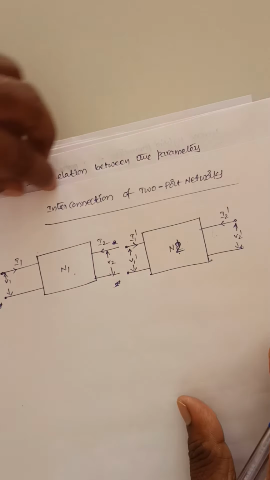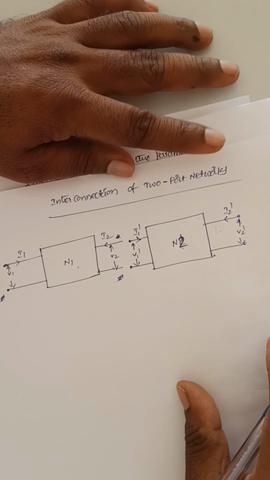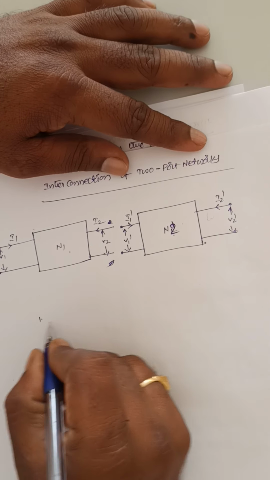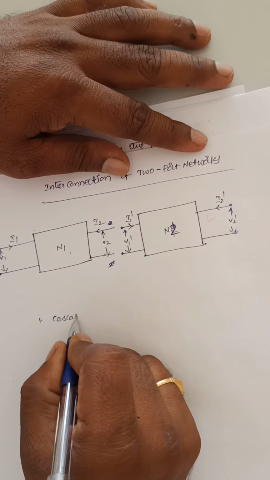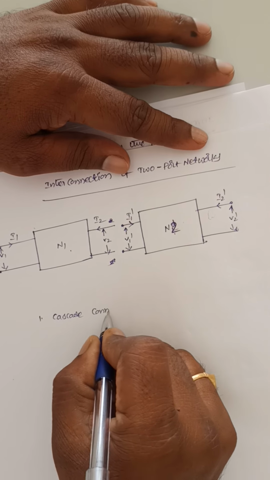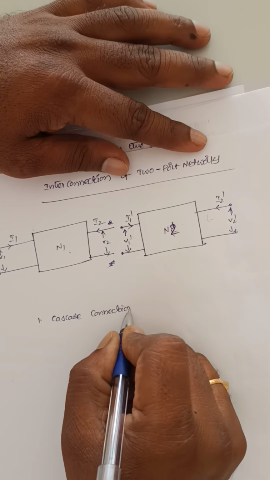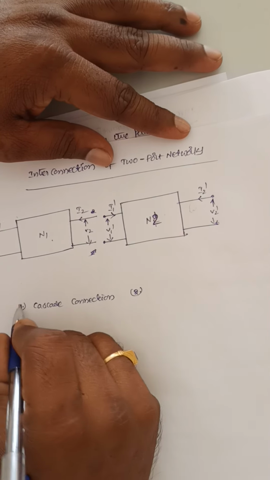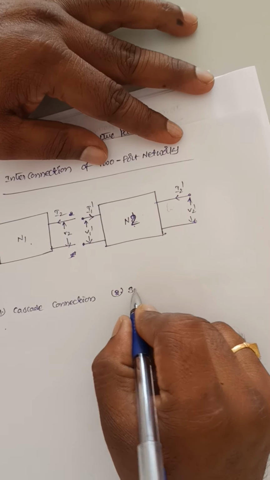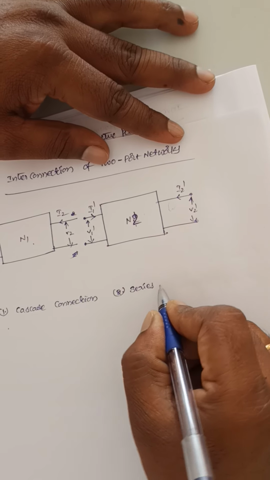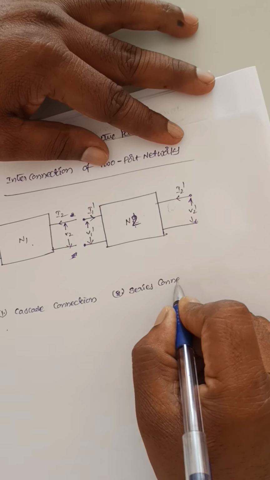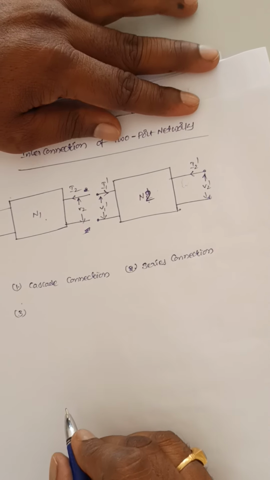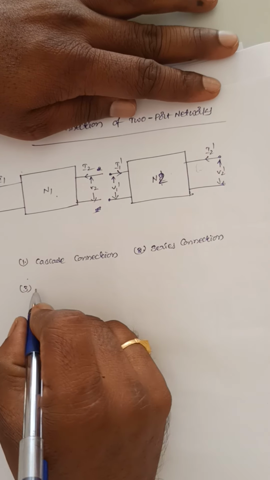Now in this interconnection of two port networks there are some types of interconnections. First one, cascade connection. Second one, series connection. Third one, parallel connection.